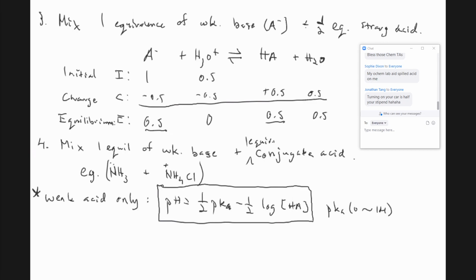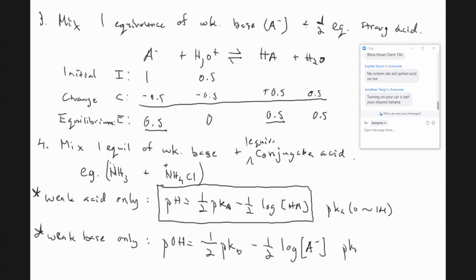The other equation that we want to know is the weak base only equation. So whenever we have a weak base only, we get pOH is equal to 1/2 pKb minus 1/2 log of the base.